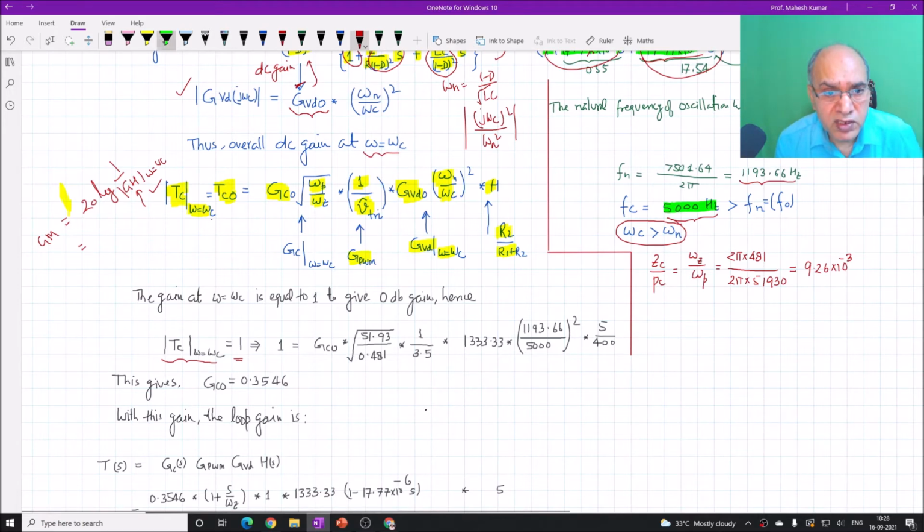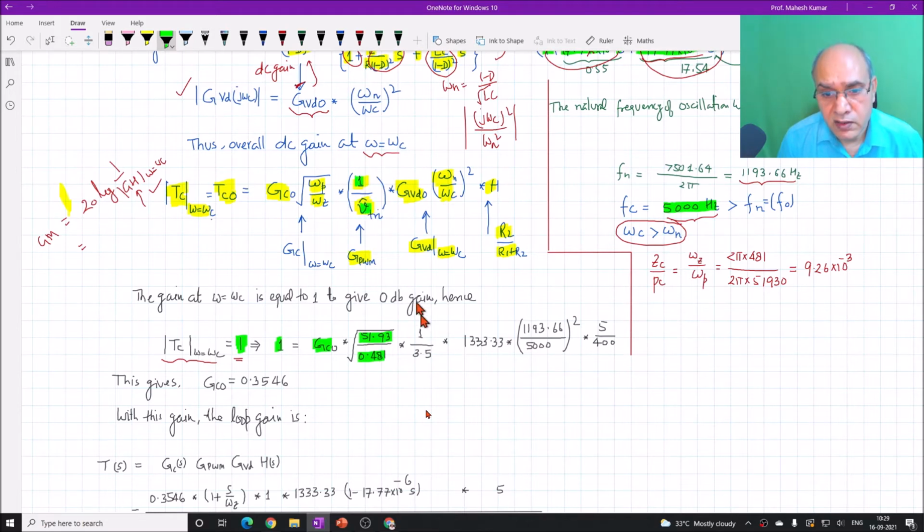Therefore, we will put this condition: 1 equals Gc0 into omega p by omega z. We already know omega p is 51.93 kilohertz, and omega z is 0.841 kilohertz.